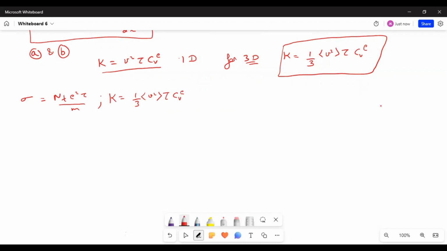Also from the previous equation we know kinetic energy was 1 by 2 m V square, equal to 3 by 2 k_B T, and also C_V was 3 by 2 n k_B.